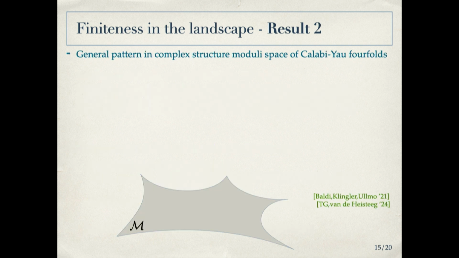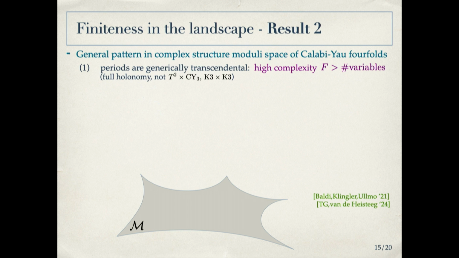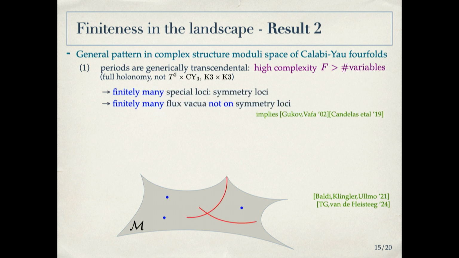So what is the structure behind this? There is a general pattern emerging in these moduli spaces, and it looks like this. Indeed, at a generic point of a generic Calabi-Yau manifold, so you're not allowed to take these manifolds or drop corrections as you like, really like the full periods, the periods have extremely high complexity, and there are just finitely many flux vacua, unless they are on special loci, which are symmetry loci.